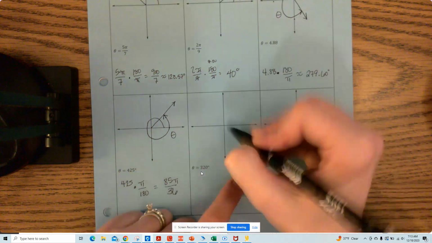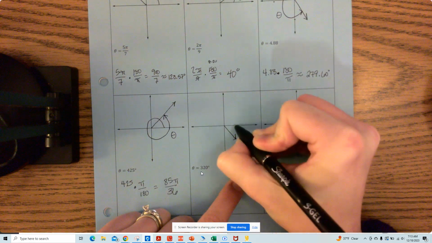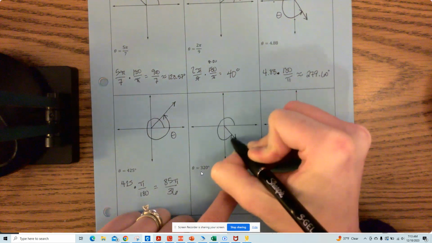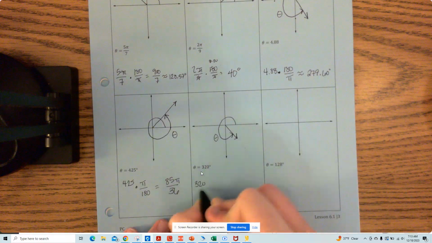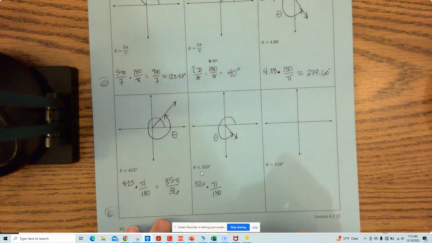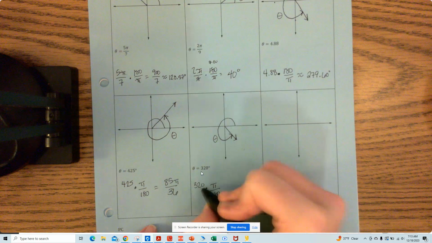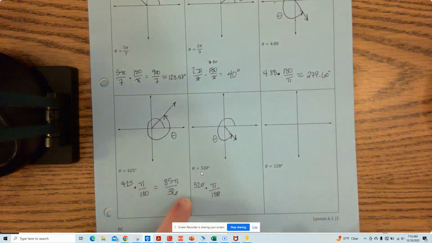Okay, so 320 degrees. So we know all the way is 360, so just not quite all the way around, and that would be that angle. And then 320 times pi over 180. Okay, so for this one, I'd cancel the zeros out. Those zeros will cancel each other because that's 32 times 10.